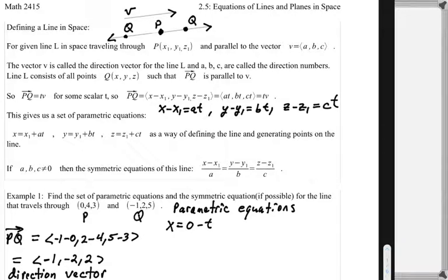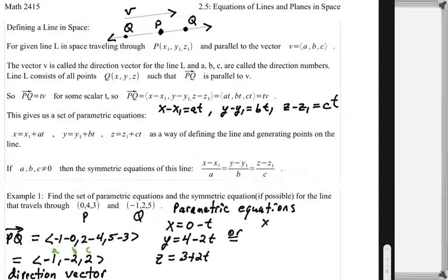So 0, and then the direction vector, this would be your a, b, and c. So x would be 0 minus t. y would be 4 minus 2t. And z would be equal to 3 plus 2t. So that's your parametric equations.